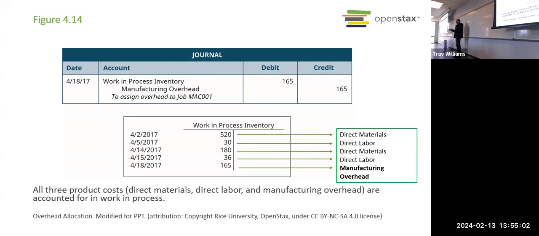Everything related to production that is not direct materials and not direct labor all goes into this one manufacturing overhead account. And then when we apply it, like we're applying $165 of manufacturing overhead, we take it out of that account. We move that into the work in process inventory account for that particular job.